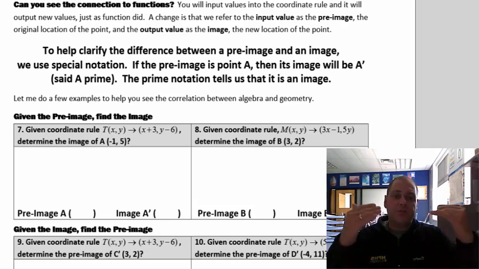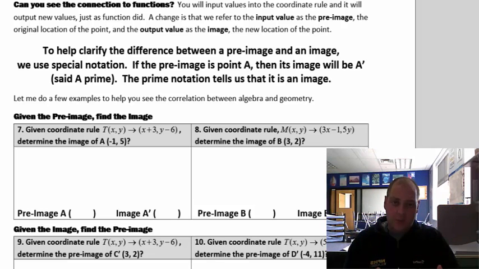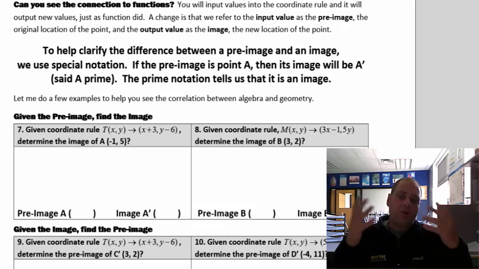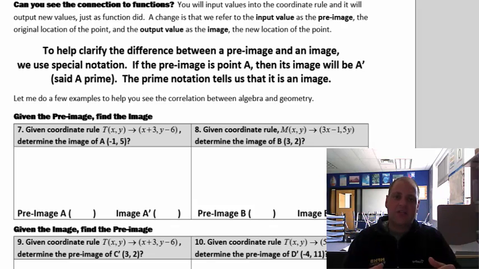The preimage is what you start with, the image is what you end up with. When you're doing functions, it's input, output, x, y, but I don't want to confuse you. For a preimage, we're going to have an x and a y. For an image, we're going to have an x and a y. You'll see it better once we do it.